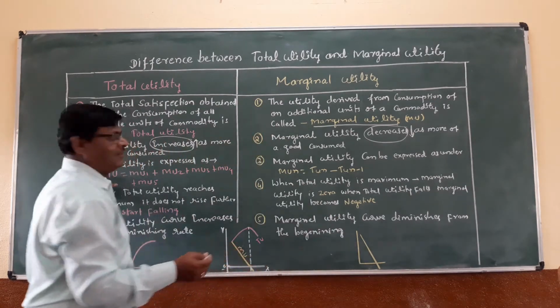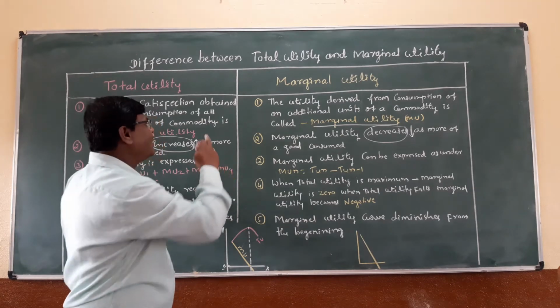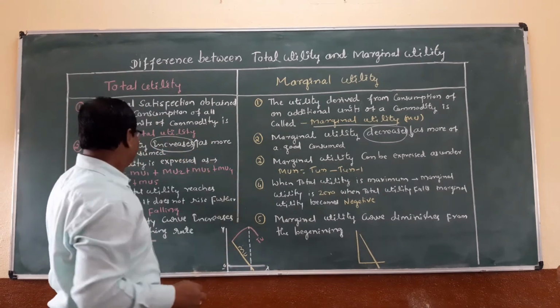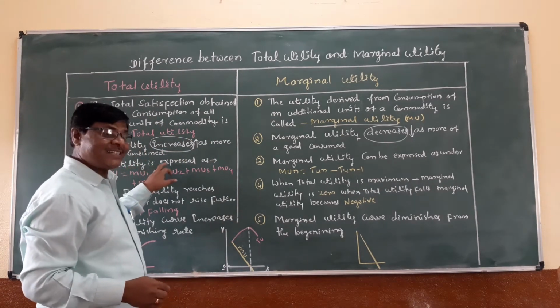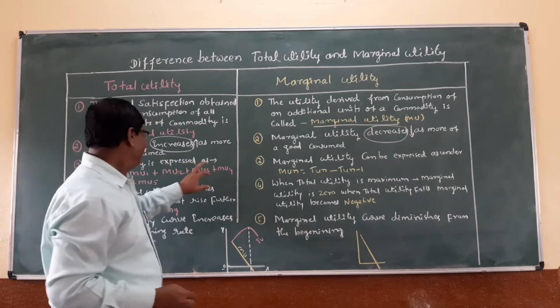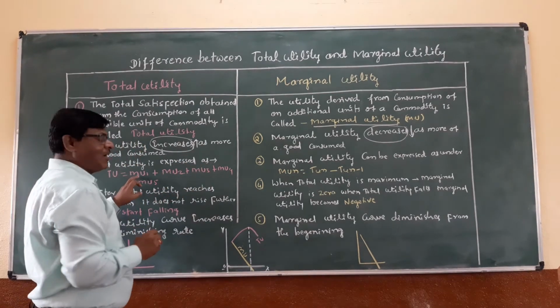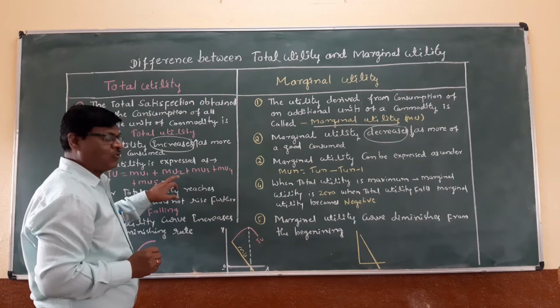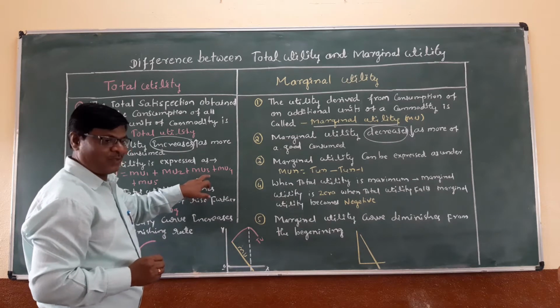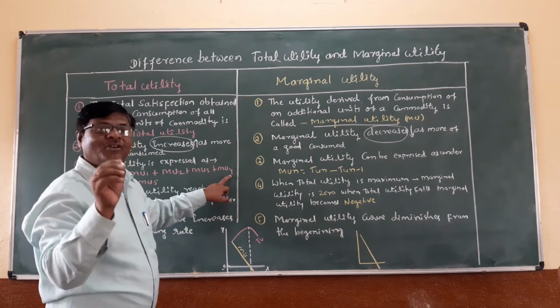And the third difference is that total utility is expressed as TU is equal to MU1 plus MU2 plus MU3 plus MU4 plus MU5.